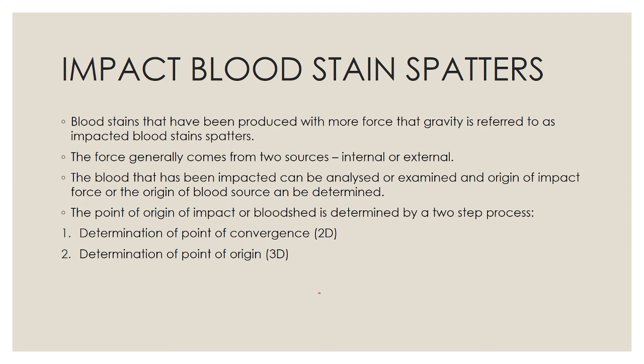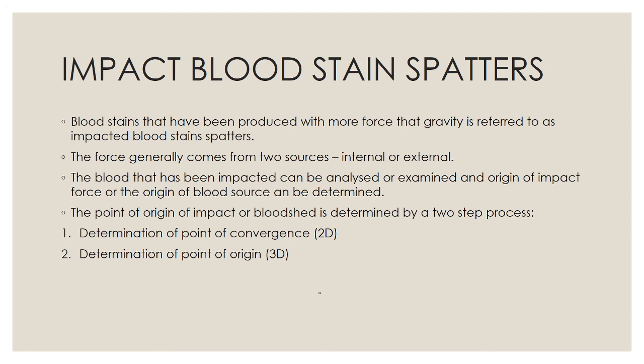The force added to the drop of blood causes the drop to break into smaller drops, and these smaller drops form smaller size patterns relative to the amount of force or energy involved.